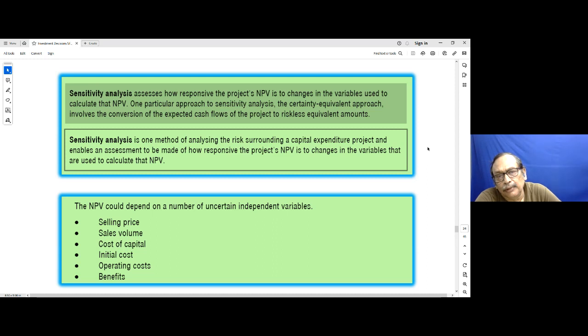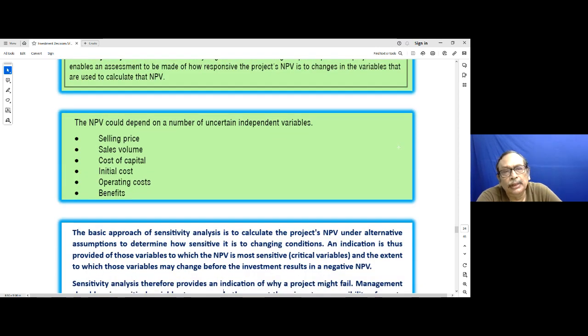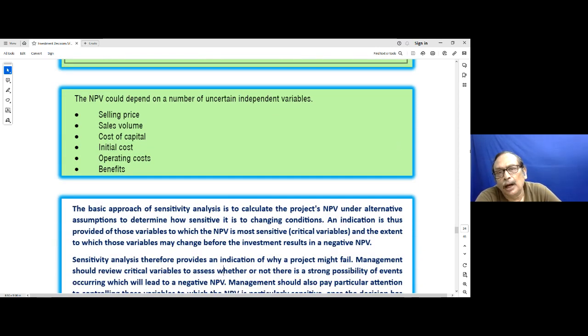Sensitivity analysis is one method of analyzing the risk surrounding a capital expenditure project, and it enables an assessment of how responsive the project's NPV is to changes in the variables used to calculate that NPV. The NPV could depend on a number of uncertain independent variables, such as selling price, sales volume, cost of capital, initial cost, operating cost, and the benefits.